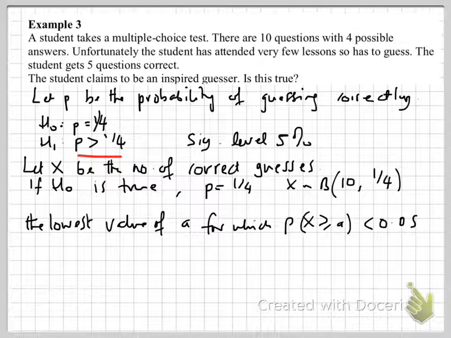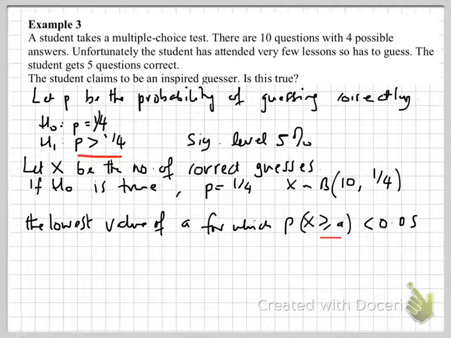So what we're going to look for is the lowest possible value of A, and the reason why it's not the highest or lowest is because of the inequality over here. We want where X is greater than A is less than 0.05, and so we're looking at the right side of the distribution.